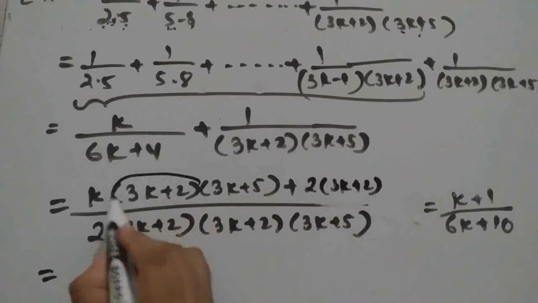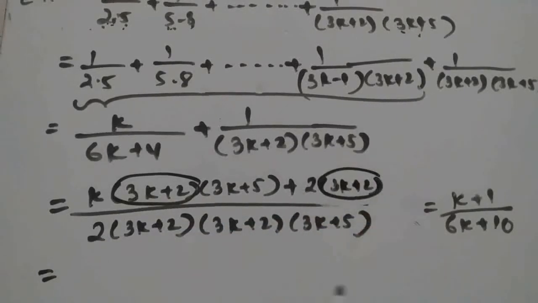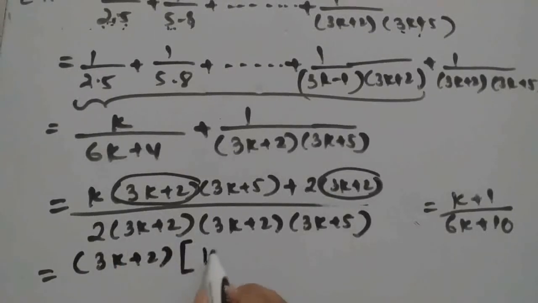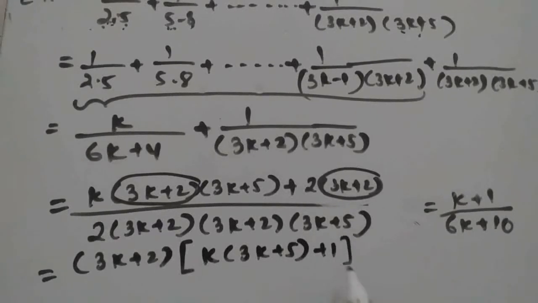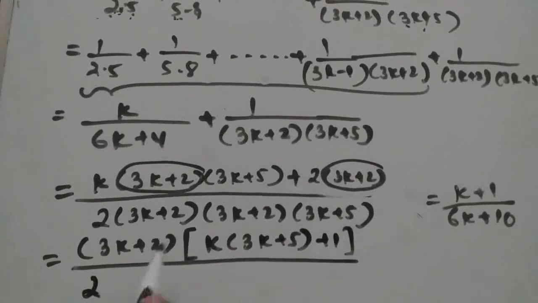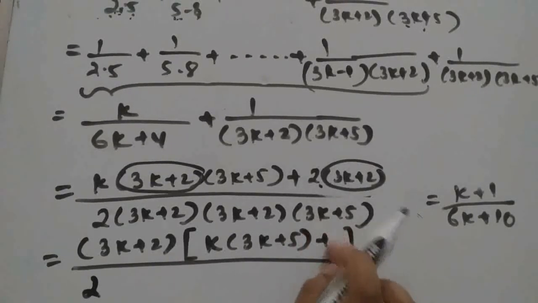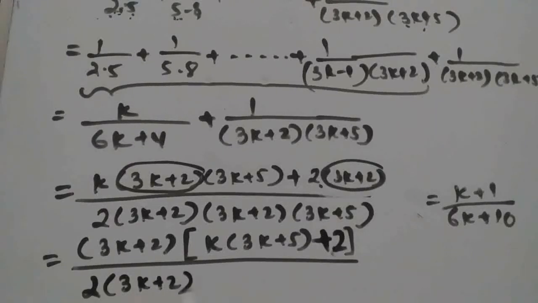So the 3k plus 2 bracket is common. We will be left with k into 3k plus 5 plus 1, divided by 2. Here 2 will remain. So 2, 3k plus 2, 3k plus 2, 3k plus 5.